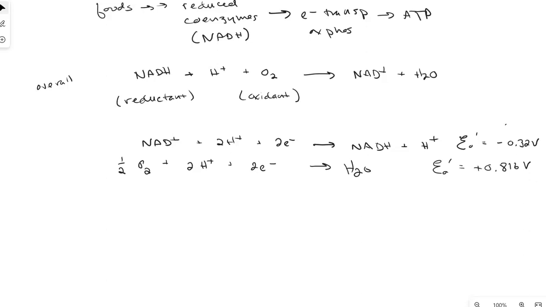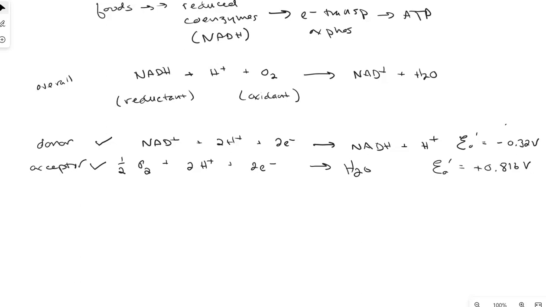So here, the half reaction shown second is the electron acceptor, and the half reaction first is the electron donor. So this is our donor, this is our acceptor reaction.